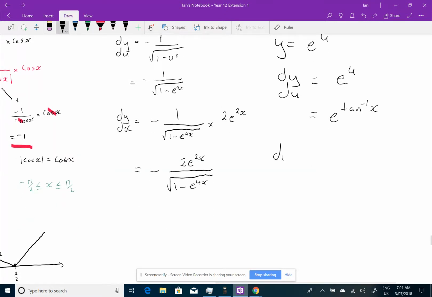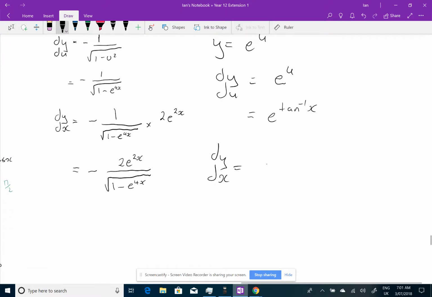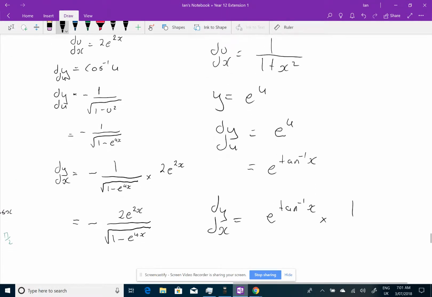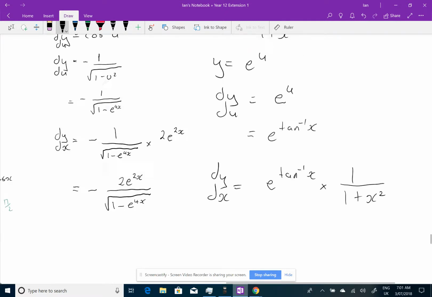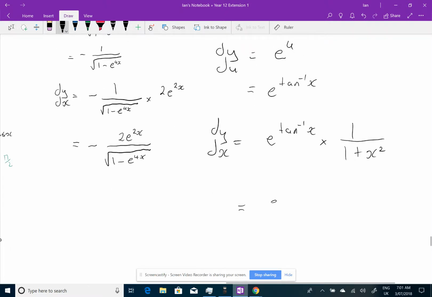But we want dy dx, which is dy du, so e to the inverse tan x times du dx, 1 on 1 plus x squared, which equals e to the inverse tan x over 1 plus x squared. And that's it. And they're the sort of questions I want you to be doing.